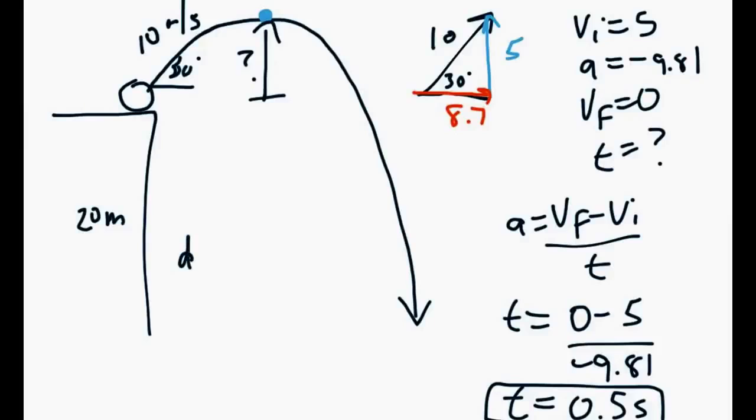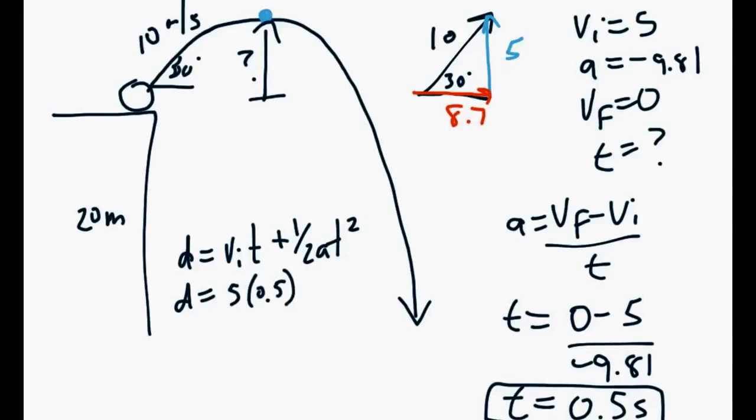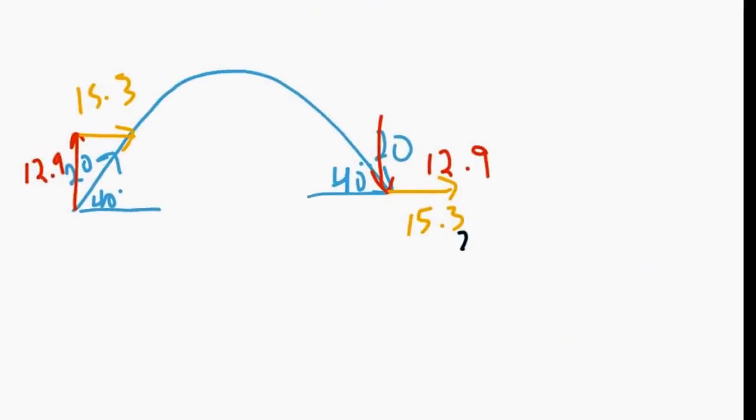So let's do that quick. So our distance would be, we've got every bit of information we need. Let's just do VIT plus 1/2 AT squared. You could use whichever formula you want, but let's stick with this. So our distance, our VI was 5, our time was 0.5, plus 1/2 times negative 9.81 times 0.5 squared.